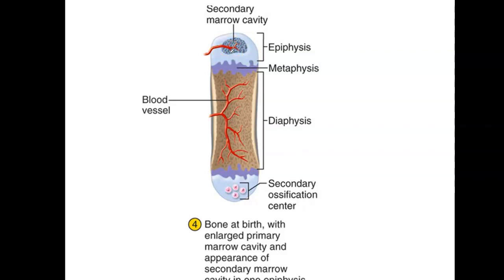It was first solid cartilage, then it deposits bone, then it makes a cavity, and it brings arteries to that area. We call this very middle region of the bone the diaphysis of the bone. We call the extremities the epiphysis.